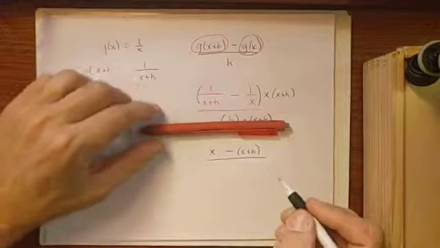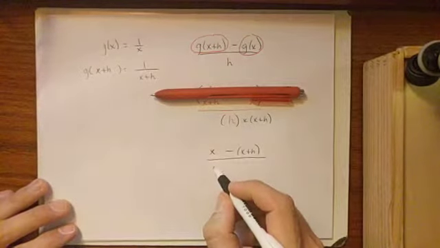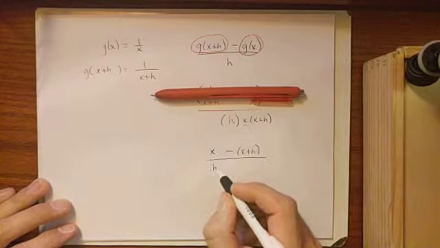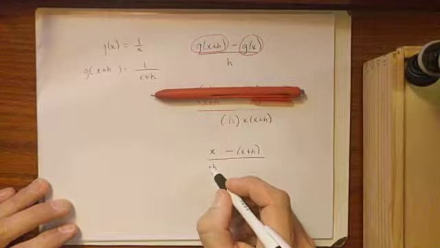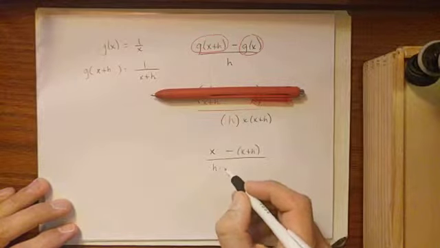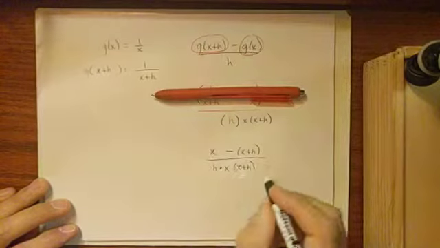Now, don't forget there was stuff under my red pen here that goes on the bottom. So we have h times x, and I'll put the x in front of the h, I guess. Doesn't really matter. H times x, I'll leave it where it was, x plus h. All right.